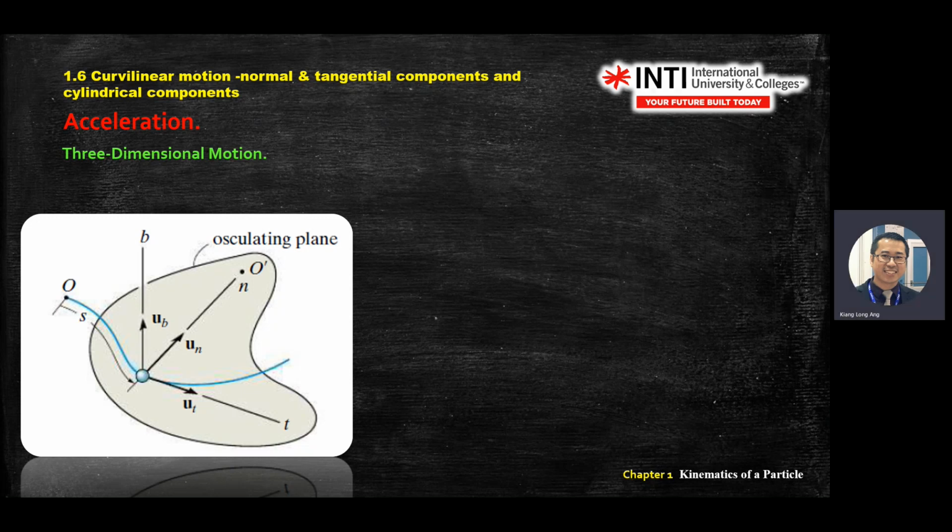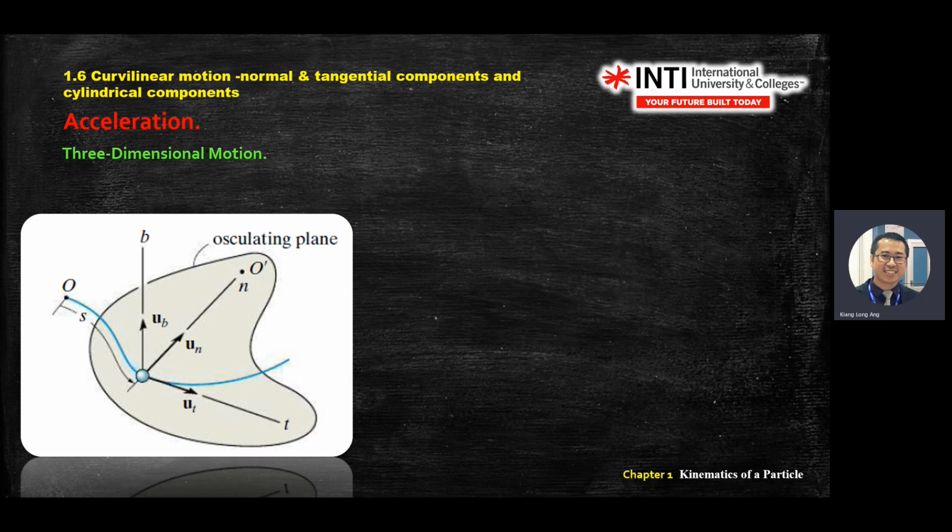But in three dimensions you have one more component, your Z component. Because we want to separate from the Cartesian plane and from linear motion, we don't use Z, we use B. Of course you can use Z, but you might confuse yourself.